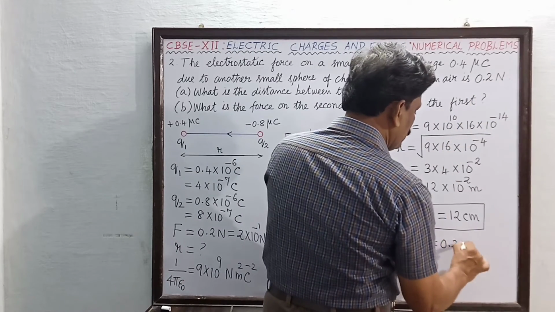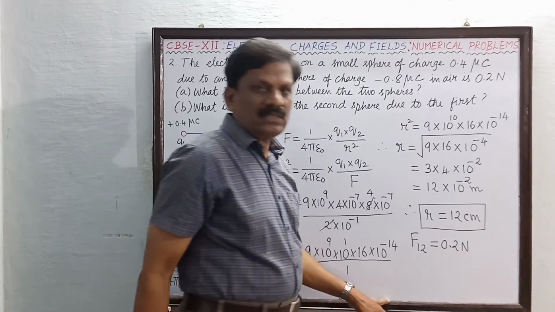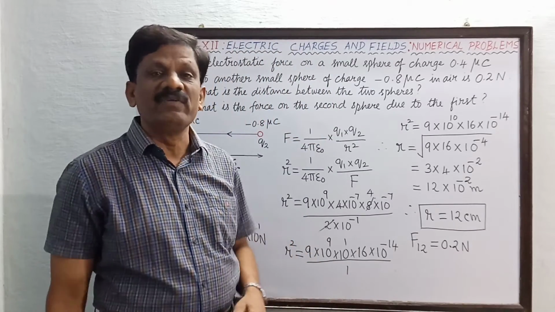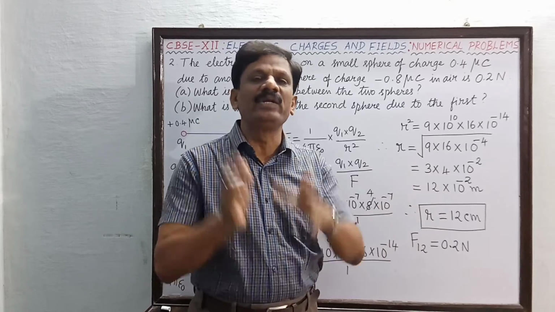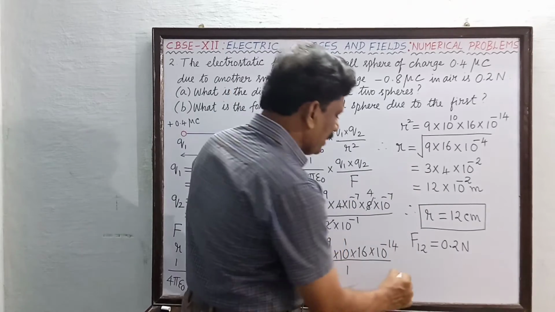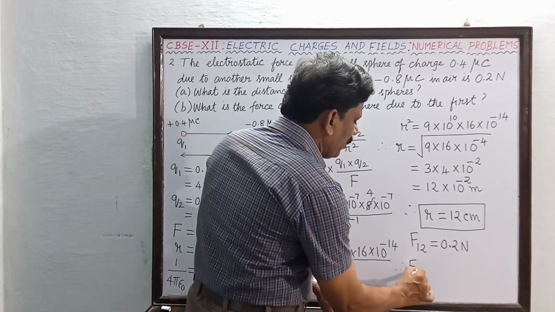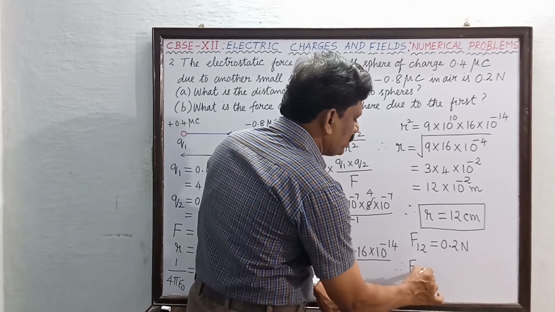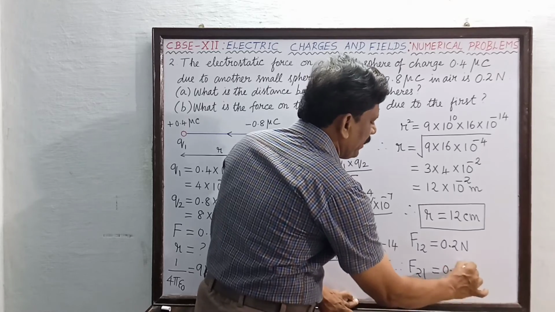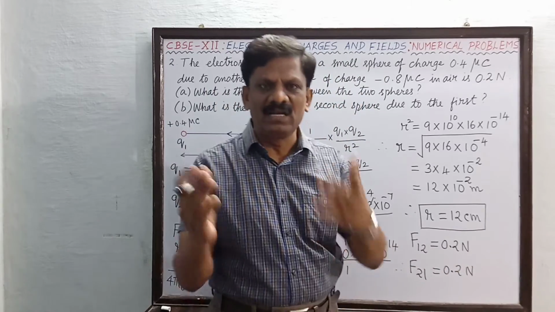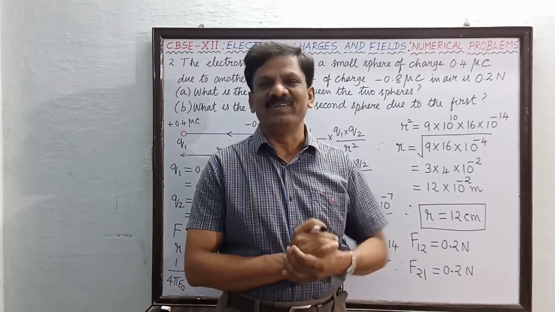From Newton's third law of motion, to every action there is an equal and opposite reaction. Only the directions are different. The magnitude of the force will be the same. Therefore, the force acting on the second charge due to the first charge also must be 0.2 Newton only. Both are equal in magnitude.